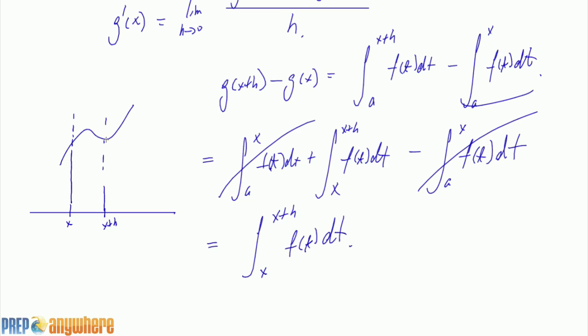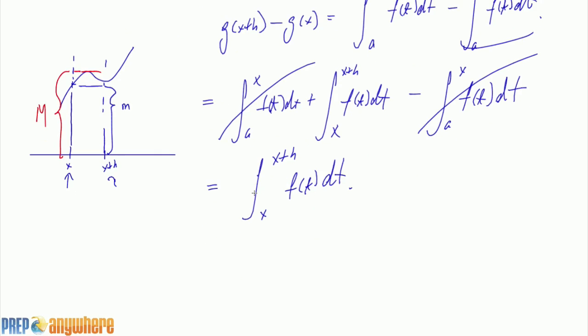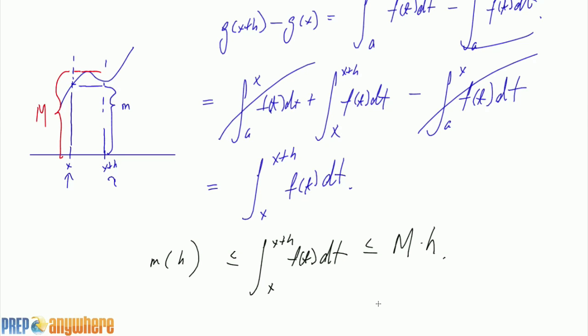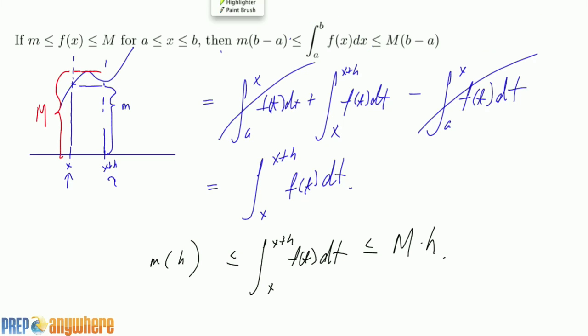For every continuous function on the interval from x to x plus h, there's going to be a minimum value of small m and a maximum value of big M. So the comparison theorem says this integral is in between small m times the interval length, which is h, and big M times the interval length, which is h. We talked about this last class.